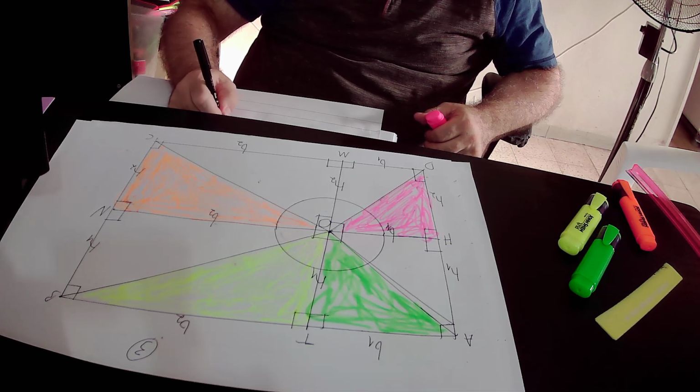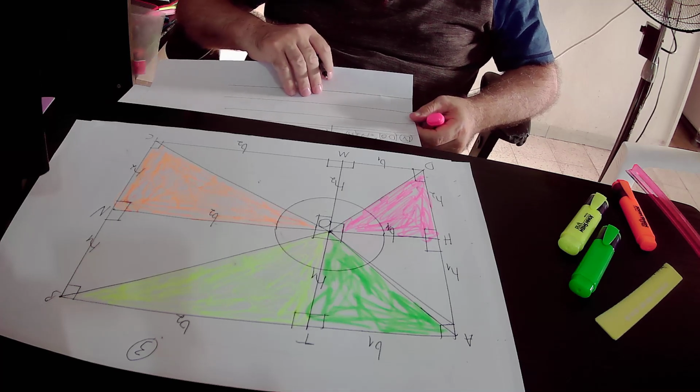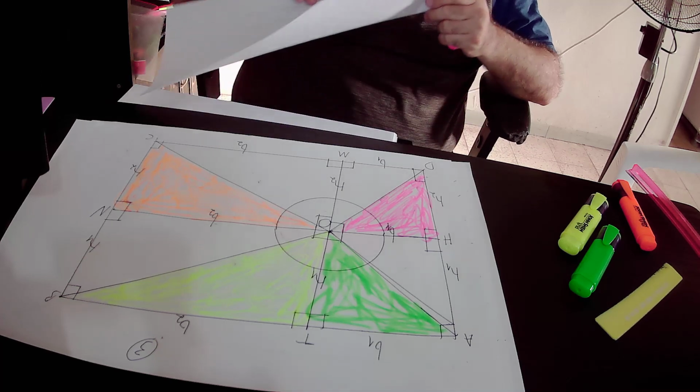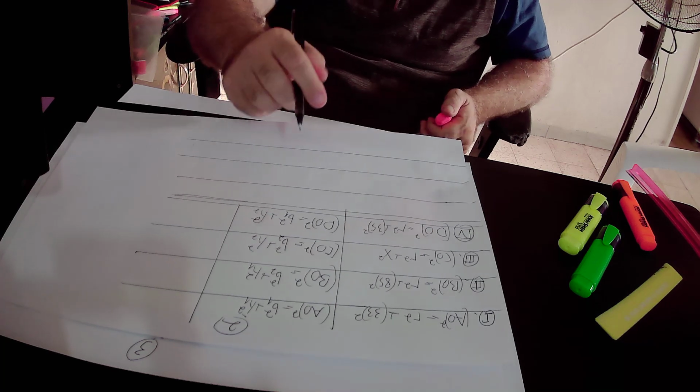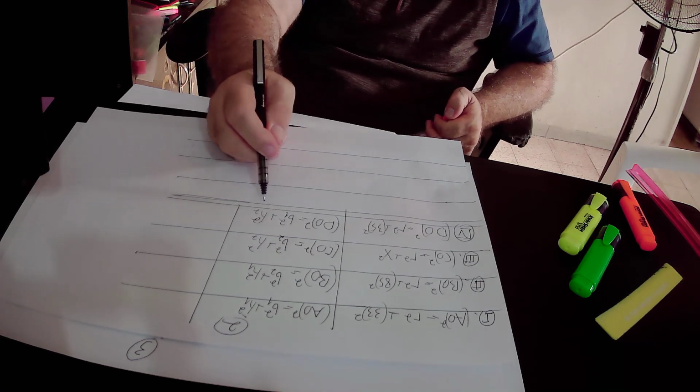Repeat again. In the right pink triangle HDO, according to the Pythagoras theorem, DO square equals B1 square plus H2 square.